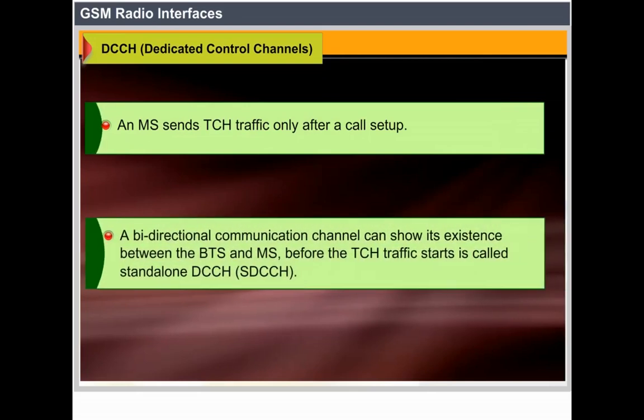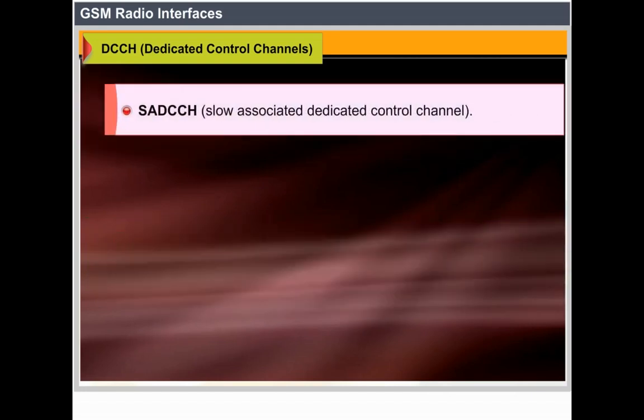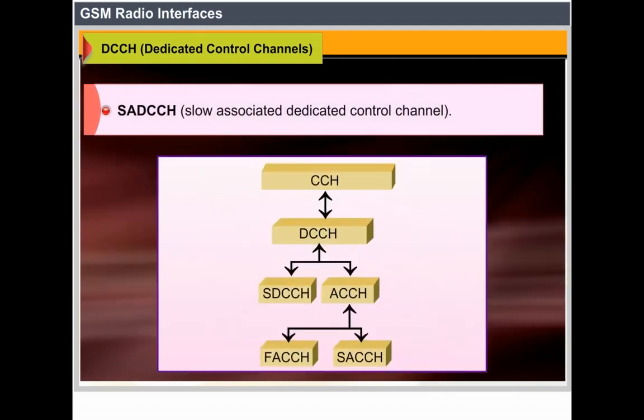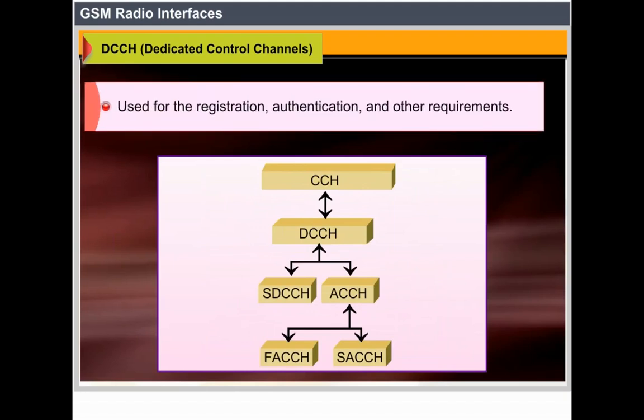A bidirectional communication channel present between the BTS and MS before the TCH traffic starts is called standalone DCCH, SDCCH. SACCH, slow associated control channel, is used for registration, authentication and other requirements.